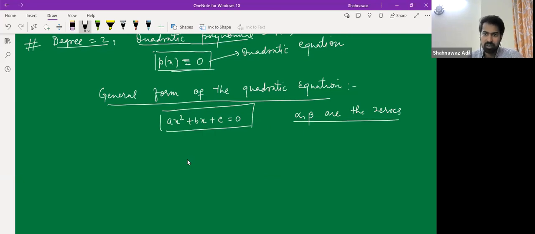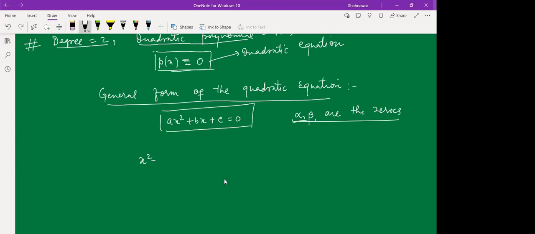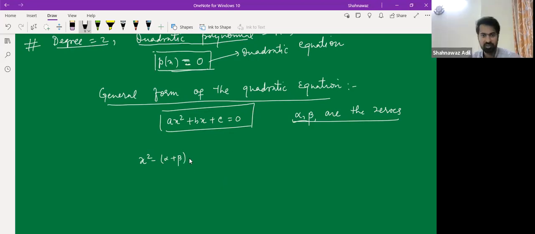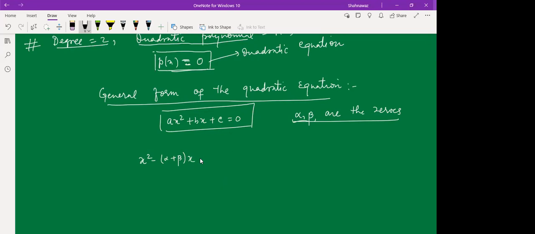In the form of alpha and beta, how do I write the quadratic equation? Do you remember? The sum of the zeros is alpha plus beta equal to minus b by a, but not that formula. It is x square minus (alpha plus beta) into x plus alpha beta.